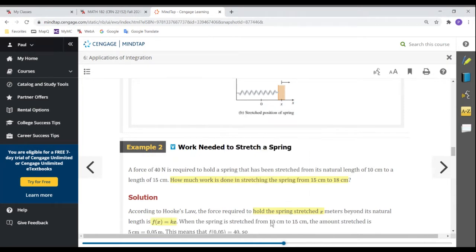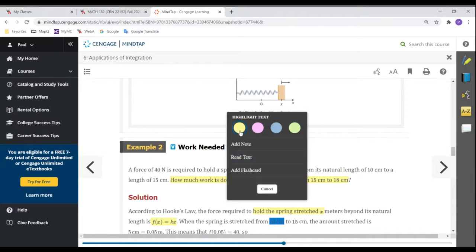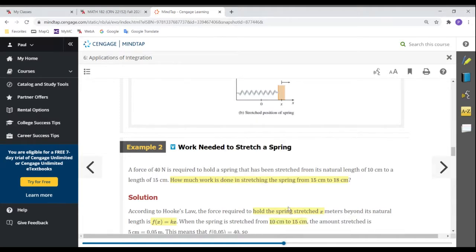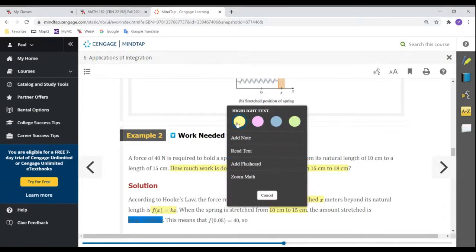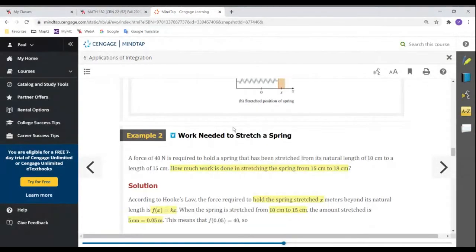So if the spring stretched from 10 centimeters to 15 centimeters, the amount stretched is 5 centimeters. But remember, you have to convert centimeters into meters, because your work for this problem is going to be in terms of joules, which requires that your force is in newtons and your distance is in meters.